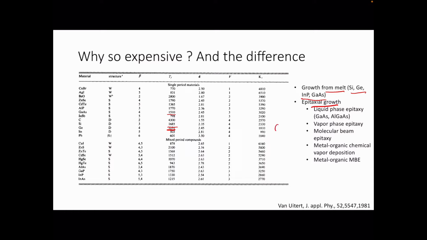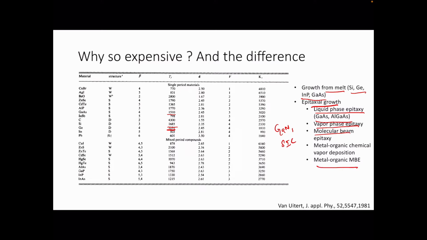Other materials like gallium nitride and silicon carbide are mostly grown by epitaxial means, and you also have gallium arsenide and AlGaAs grown epitaxially, because you typically need very thin layers. We will see different techniques in which you can grow epitaxial layers. One method is called liquid phase epitaxy. You have vapor phase epitaxy, you have molecular beam epitaxy, and you have metal organic MBE.